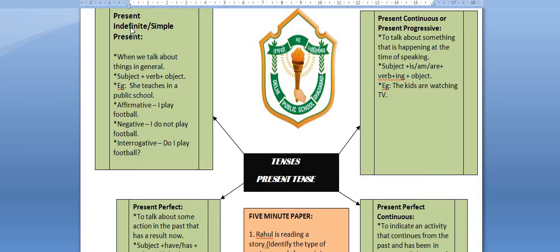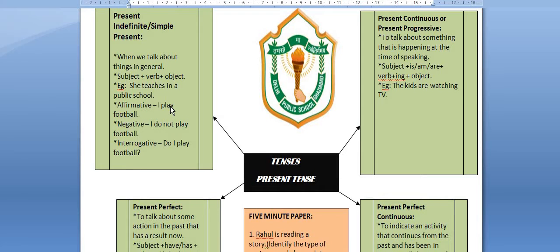We can always change a sentence into different types of sentences. Present indefinite, present continuous, present perfect, present perfect continuous, all could be converted into affirmative sentences, negative sentences, and interrogative sentences. So today we are going to discuss what an affirmative, negative and interrogative sentence is, so that we can transform the various types of sentences in present tense.